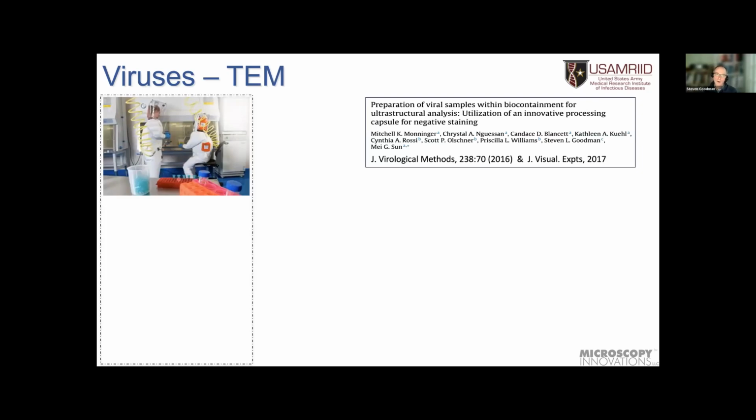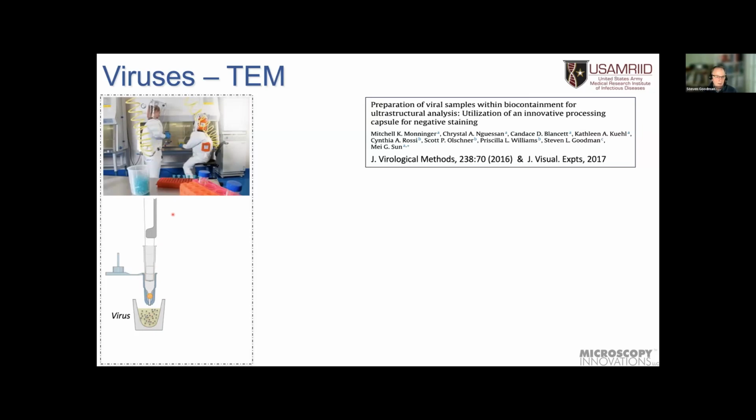So this was very, very difficult, and the success rate within this lab of being able to negatively stain these pathogenic viruses was quite low. I've been told levels of under 10%, maybe even 5% or so. But by loading filmed grids and placing them into the capsules, these scientists need only do the action of pipetting in order to deliver the viruses to the grid for negative staining.